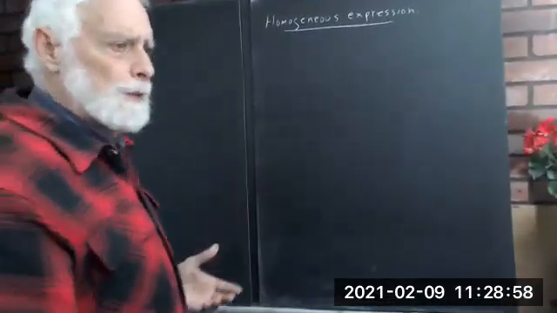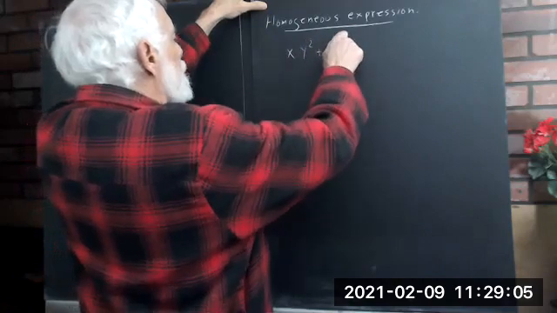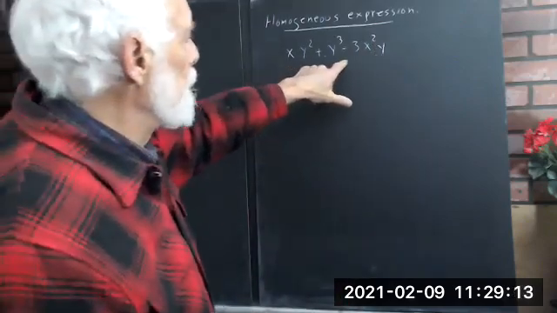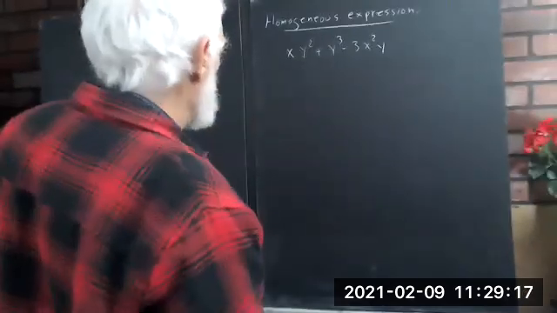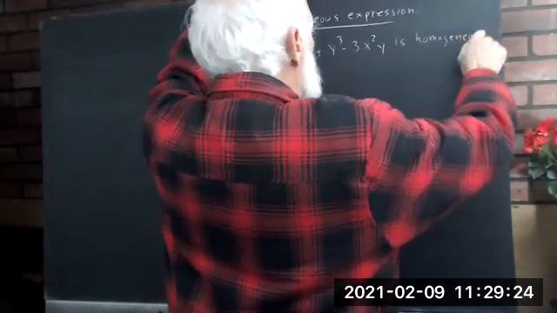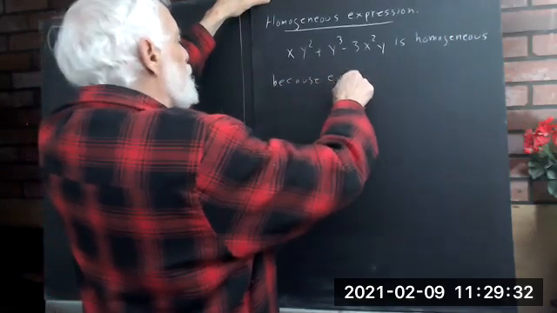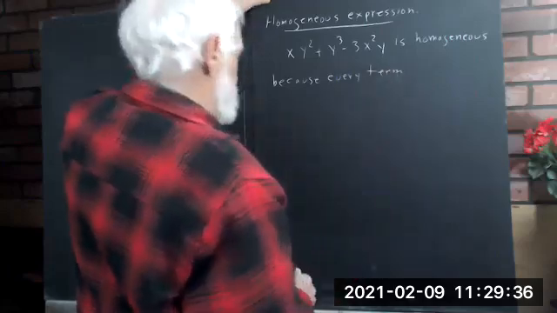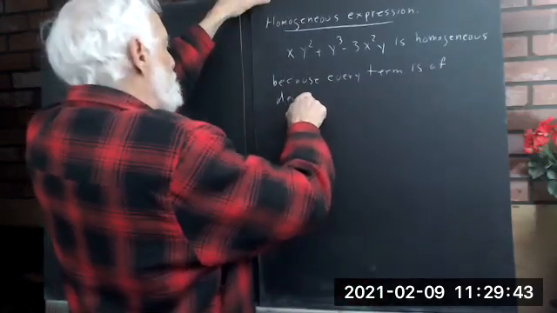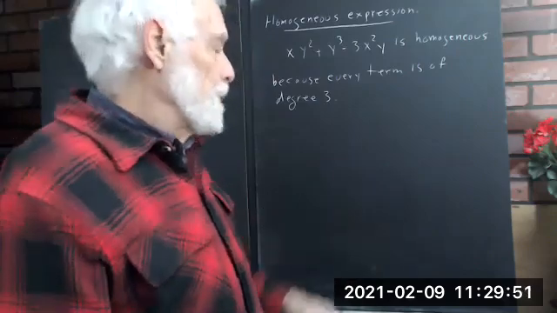Just the idea of what homogeneous means. xy squared plus y cubed minus 3x squared y is homogeneous because every term is of degree 3. This is a polynomial, of course it's a degree 3 polynomial because every term is of degree 3.